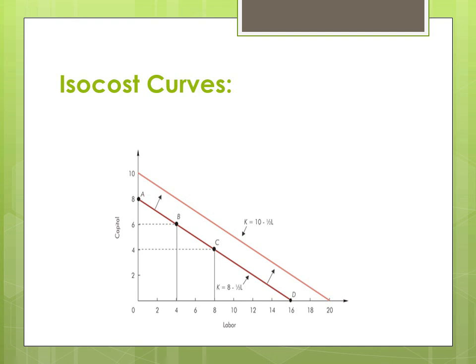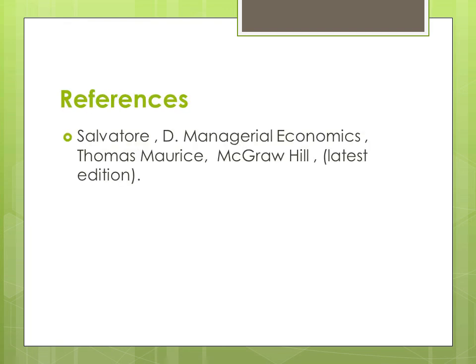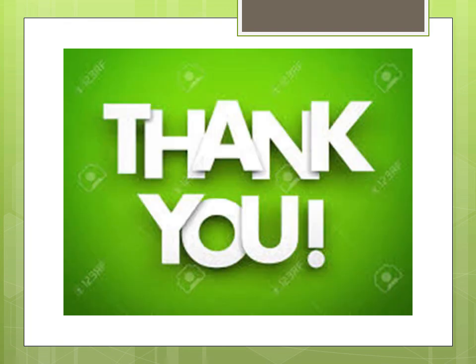Here minus 1 over 2 represents the slope, and K is equal to 10 minus 1 over 2 L. So when our intercept is greater, the isocost line shifts above, and when our intercept is lower, the isocost line shifts to the left side. Thank you. Allah Hafiz.